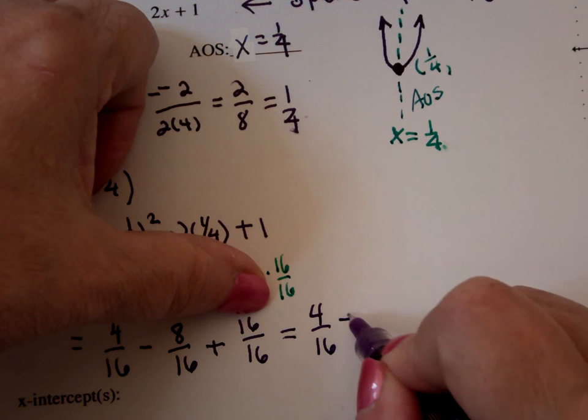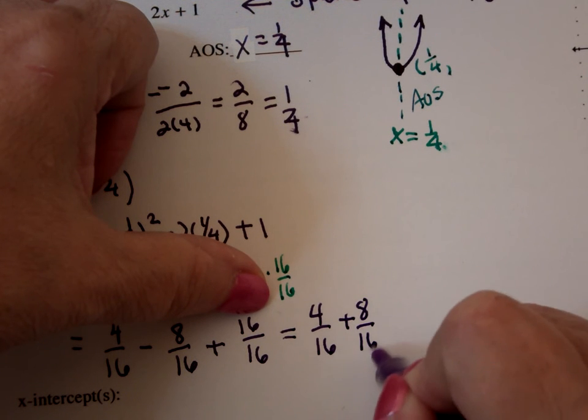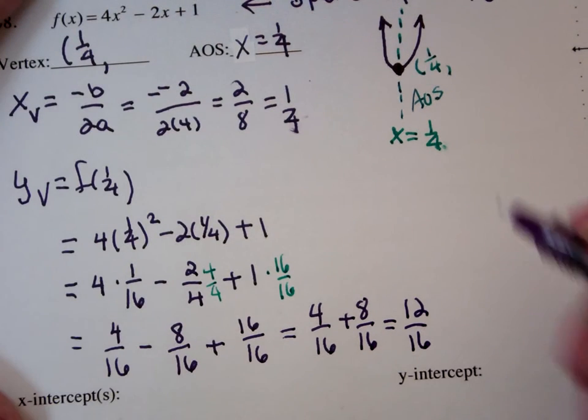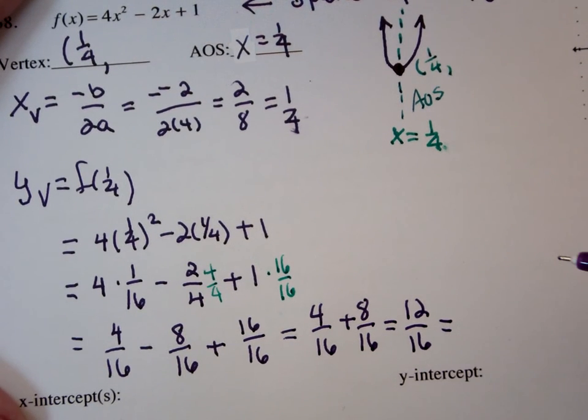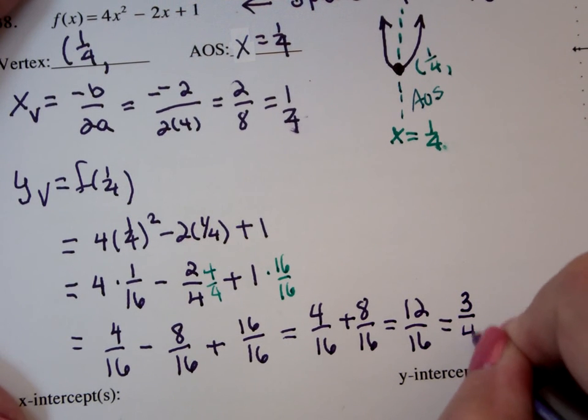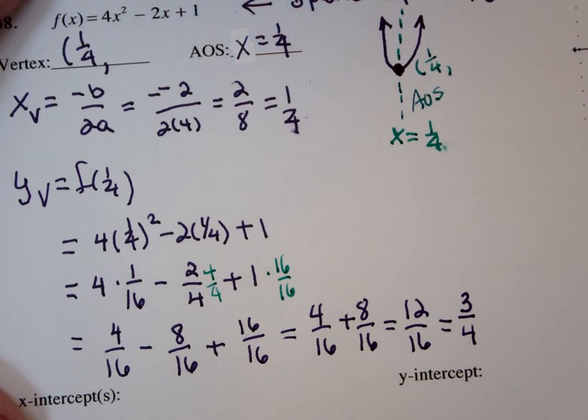That gives me 12 over 16. And 12 over 16 has a common factor of 4, so it's 3 over 4. What an innocent little number.